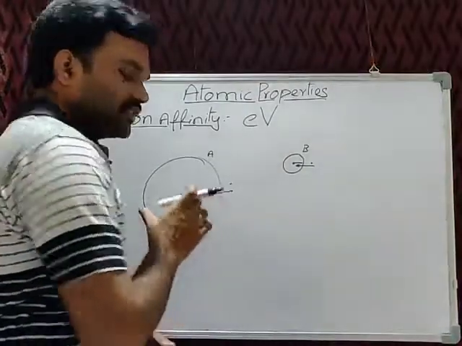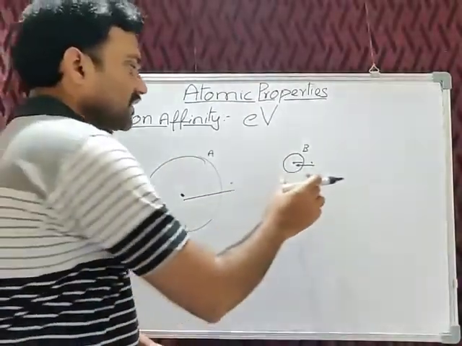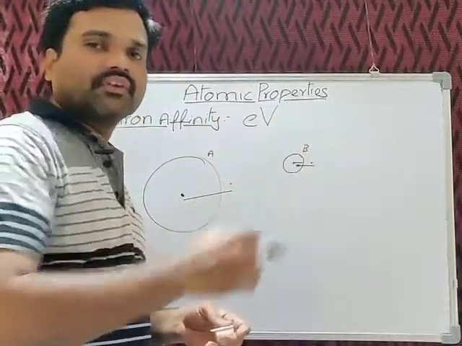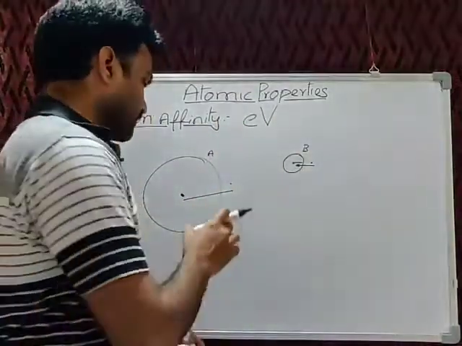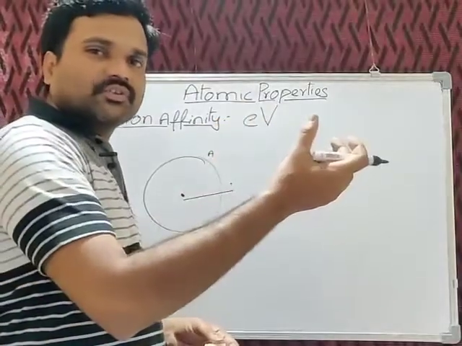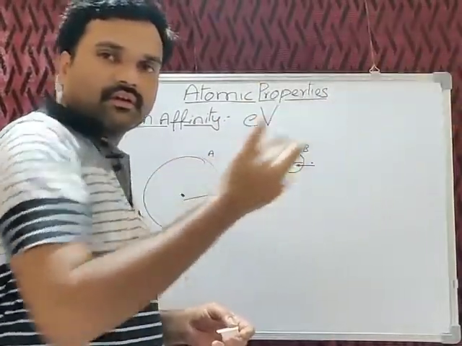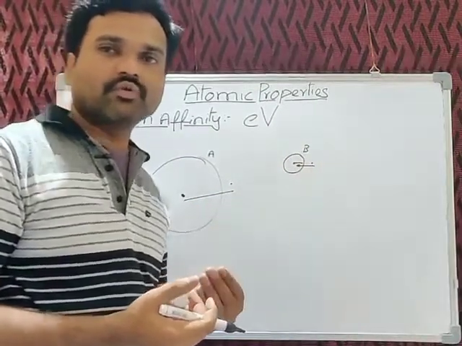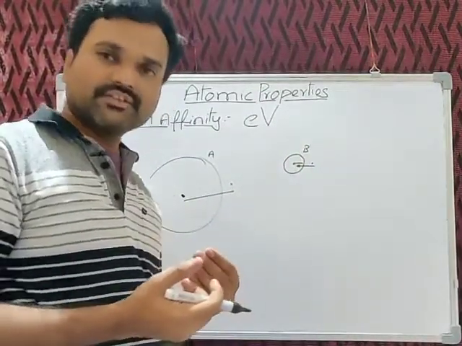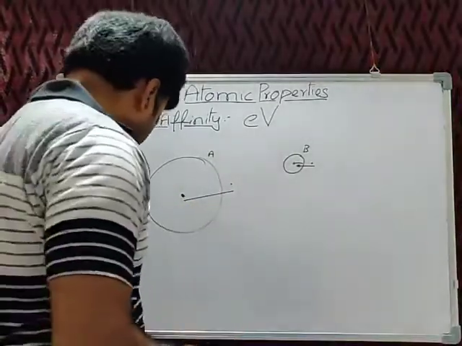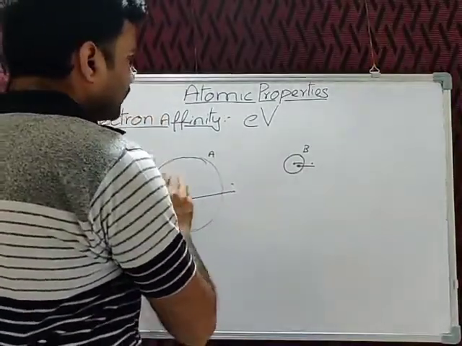The small atom can attract the electron easily, and immediately it releases a certain amount of energy as it accepts it. In the bigger atom, the attraction on the incoming electron is less, so it releases only a little amount of energy. In this way we can relate the size and the electron affinity inversely.